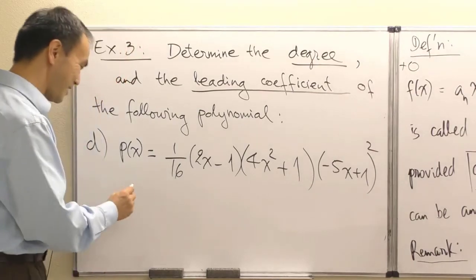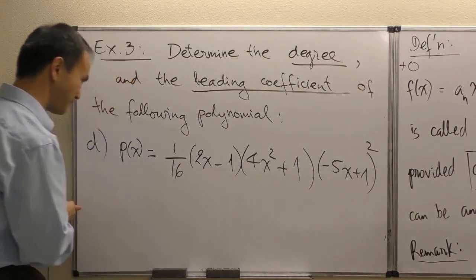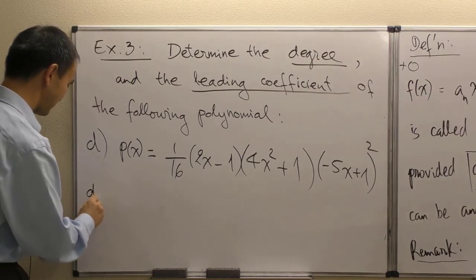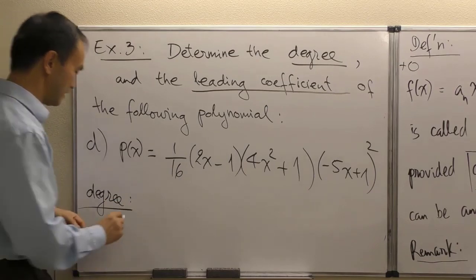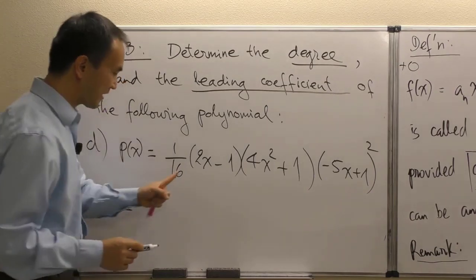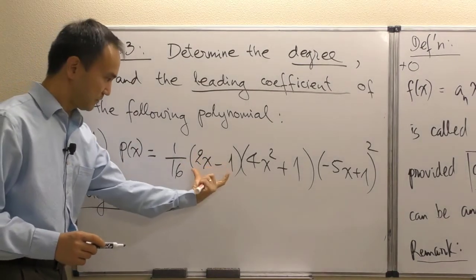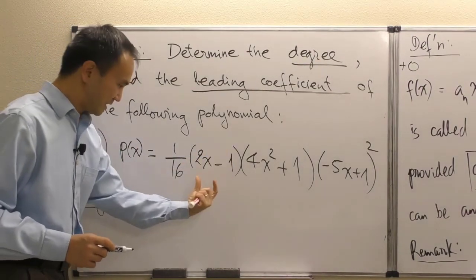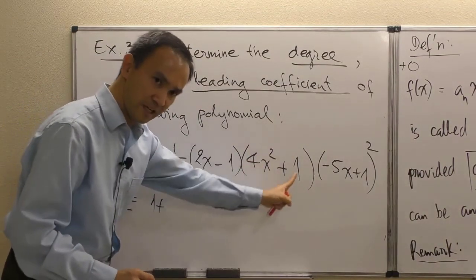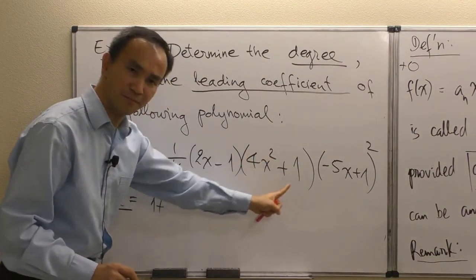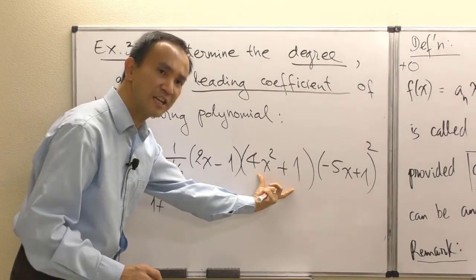All right, so now let's look at the degree. This is what I found right here. This is degree 1 for x, and only raised to multiplicity 1. So it's 1. I'm going to add with, now this here is an irreducible quadratic factor, meaning we cannot factor this any further.